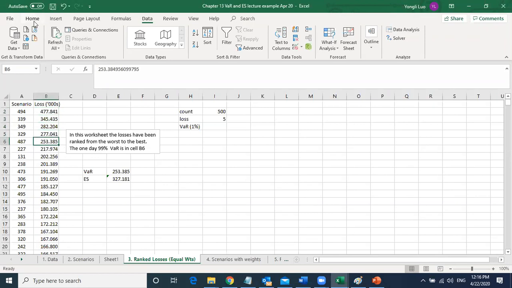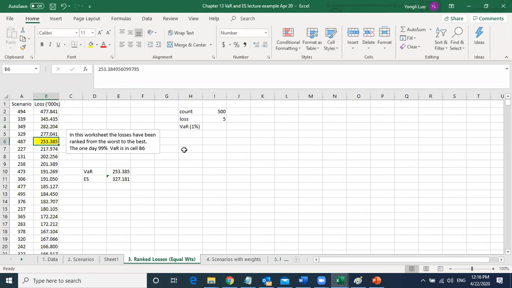The fifth largest number is 253,385. So that's the 99% VaR based on historical simulation.